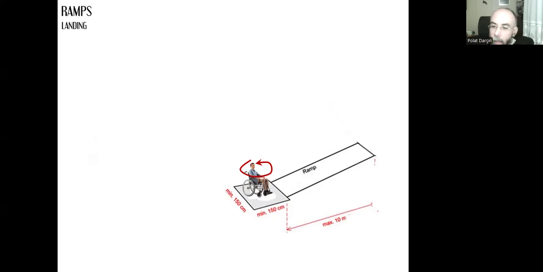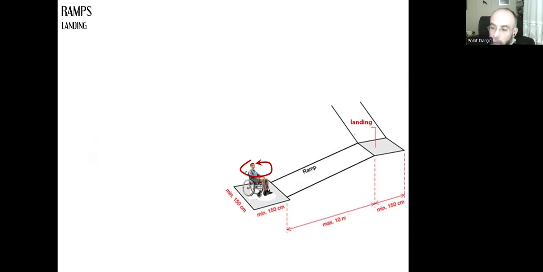shouldn't exceed 10 meters. Because after 10 meters, it will be very difficult, very tiring for the person to push themselves or for someone else to push the wheelchair. What happens if we need a ramp longer than 10 meters? Then we need another ramp landing.